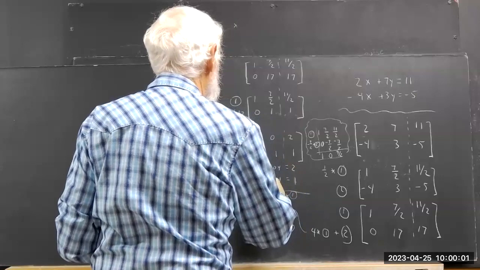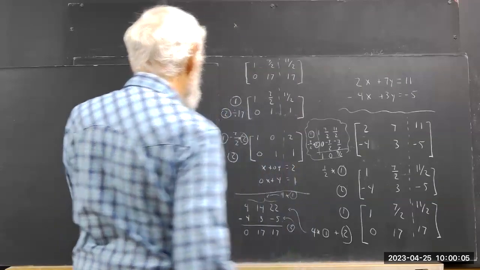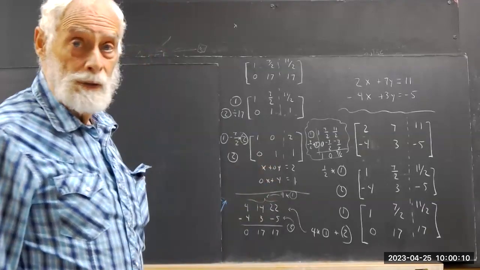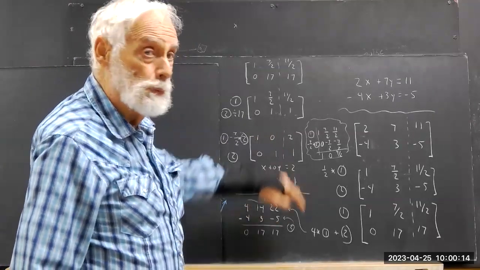Let's write it out more explicitly. We don't have to write the 0x and the 0y. We see that our solution is x equals 2, y equals 1.